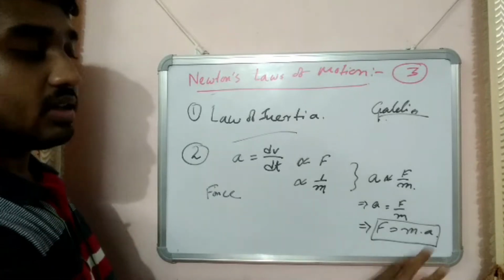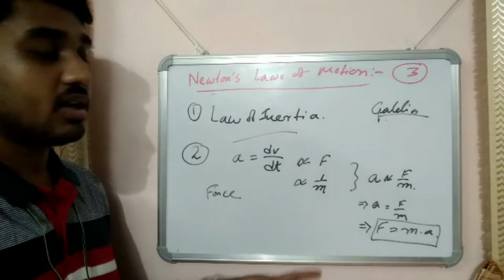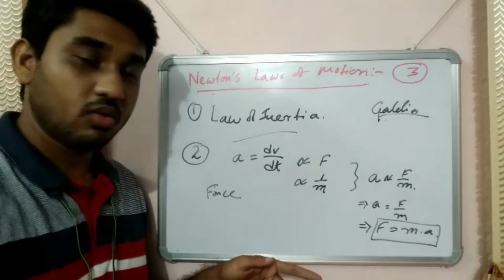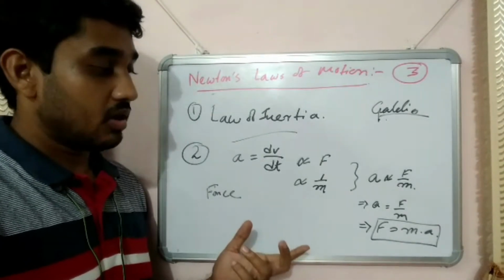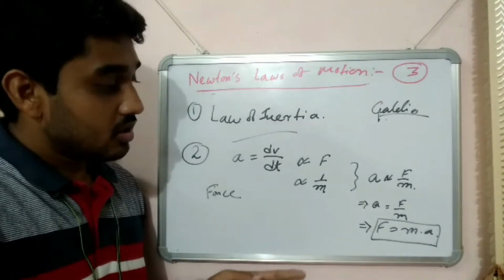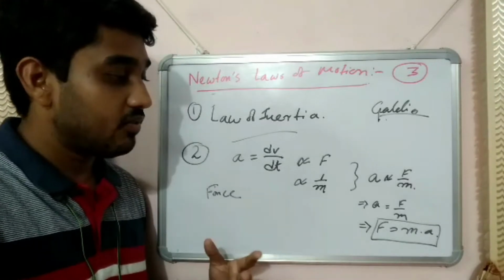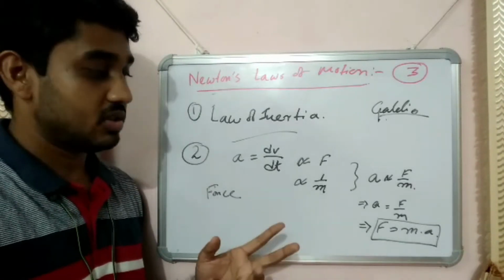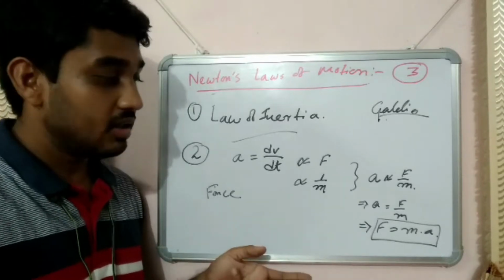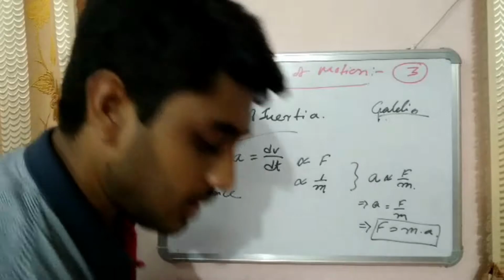If the force is higher, the acceleration will be higher, and if the force is lower, the acceleration will be equally lower. If the acceleration is lower, the velocity of the body will be lower, and vice versa. So we can conclude that if we apply greater force, we will achieve higher velocity. If we apply more power to our cycle pedal, the cycle will run faster. So this is very simple.